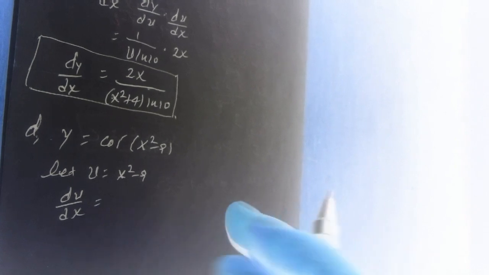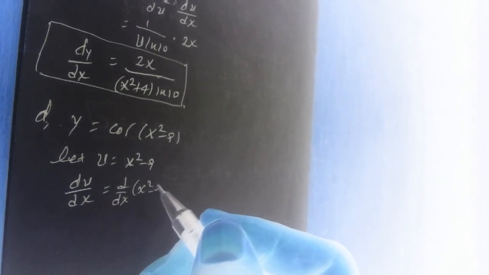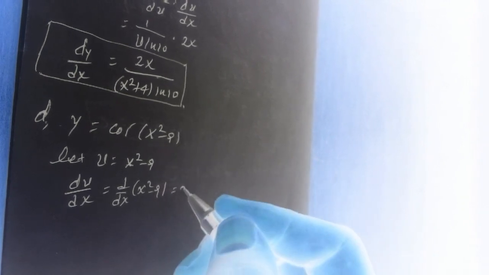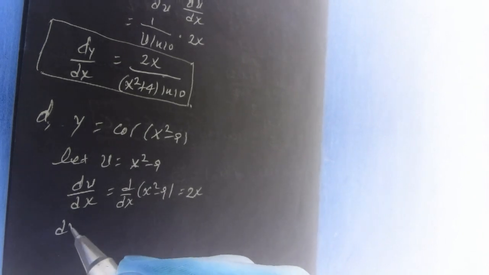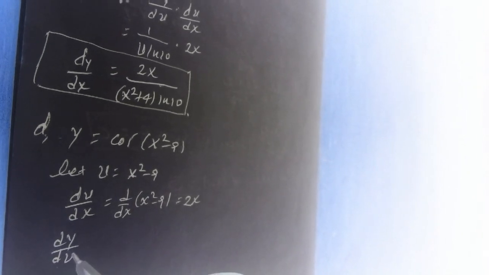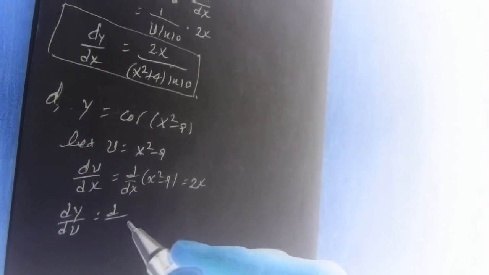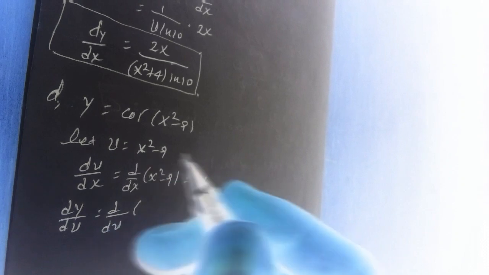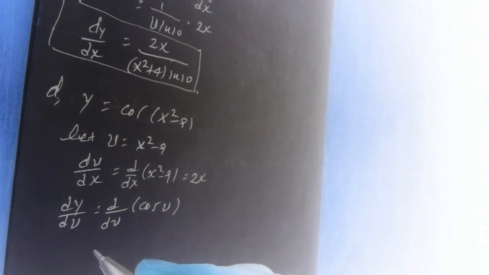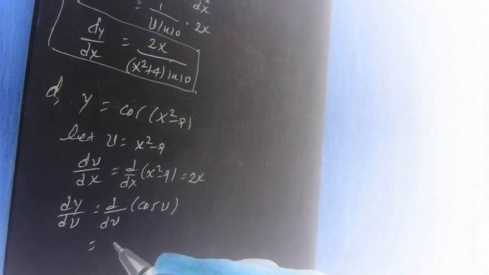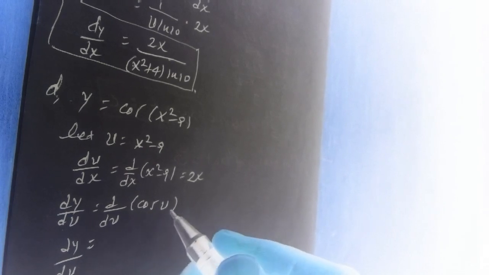Du by dx is the derivative of x squared minus 9, which equals 2x. The second thing is dy by du, which equals d by du of cos u, where u equals x squared minus 9. The derivative of cos u is minus sin u, so dy by du equals minus sin u.